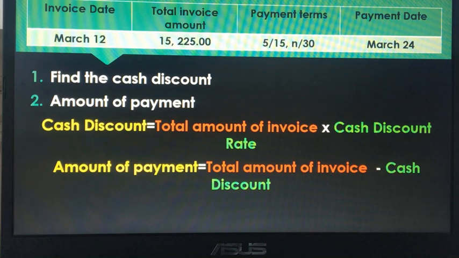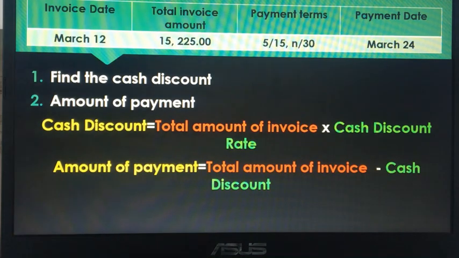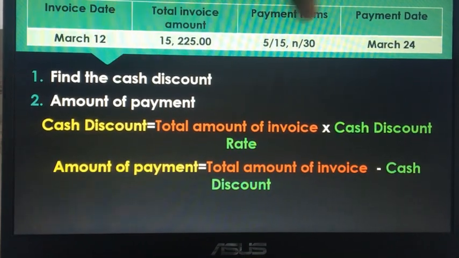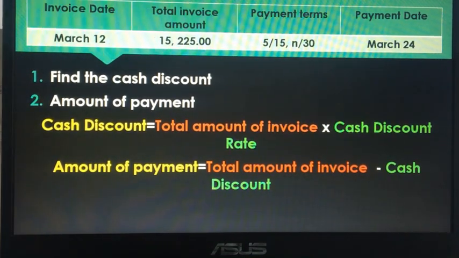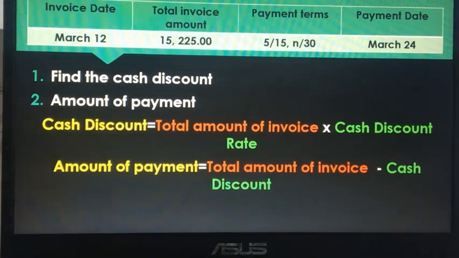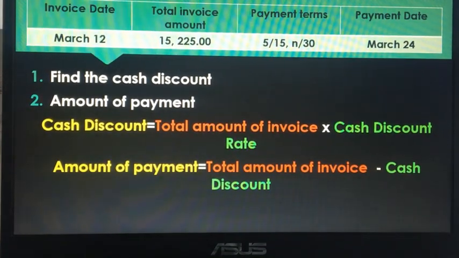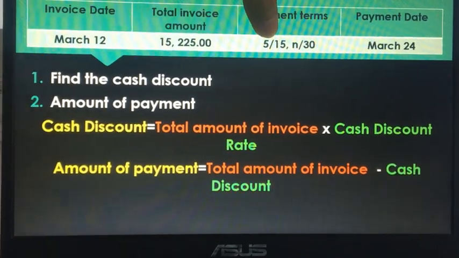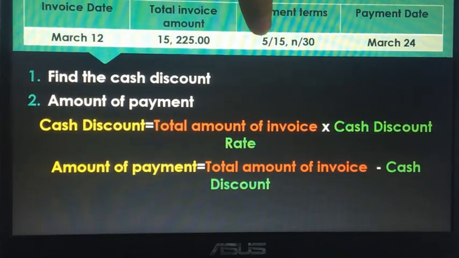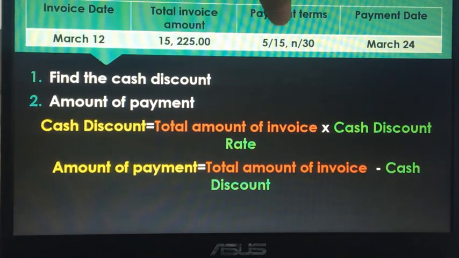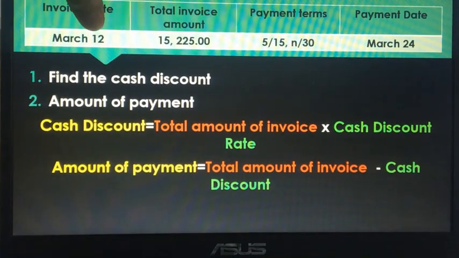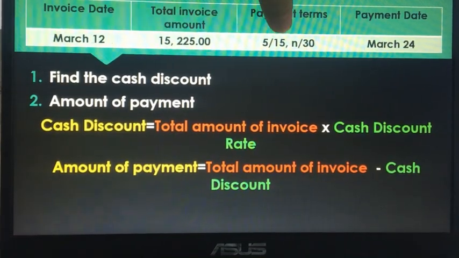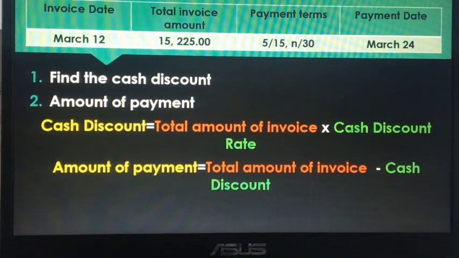The first question here is: is the buyer granted the 5% discount or not, considering that the invoice date is March 12 and the payment date is March 24? Until when is the buyer granted the 5% discount? That is 15 days after March 12. Is March 24 within the first 15 days after March 12?